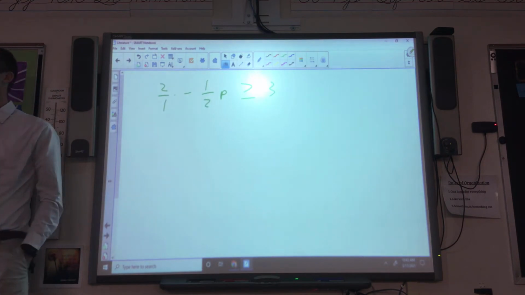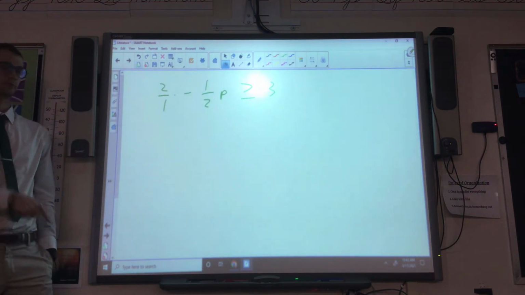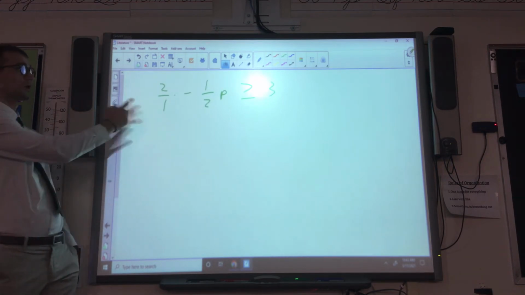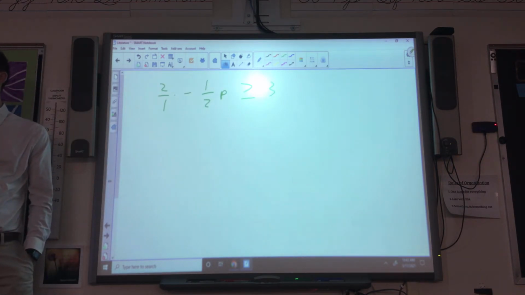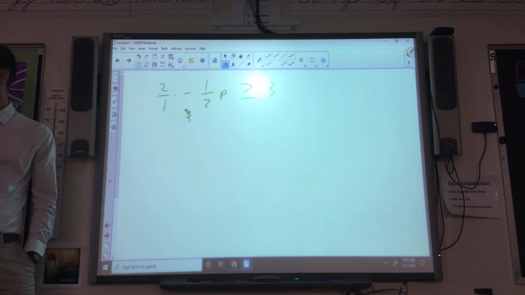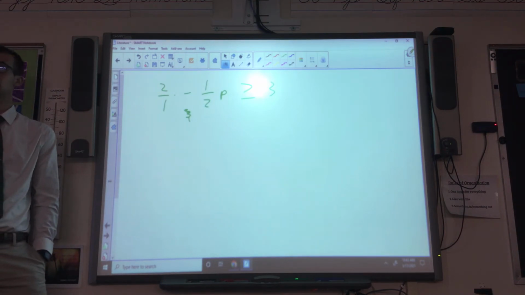Well, you don't want to multiply by p because that's going to get p squared. P times p is p squared. That's not getting rid of the negative. I want to get rid of the negative.